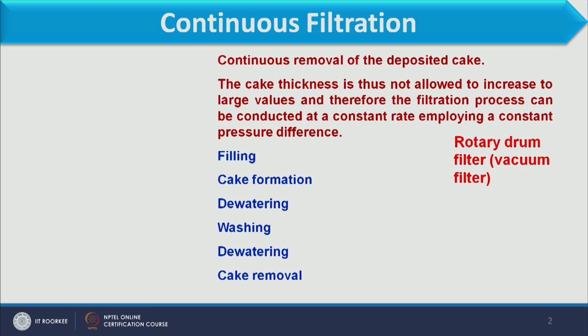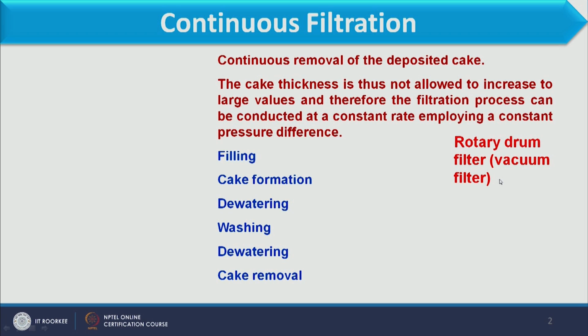Apart from this there was another step which was about cleaning, dumping and reassembling of the system. As cake is removed continuously, there is no need for reassembling, dumping, etc. So, all these steps which were involved in batch can also be involved in continuous filtration.